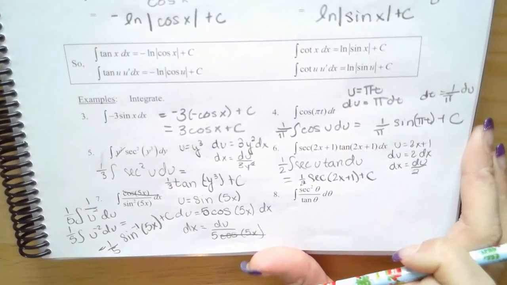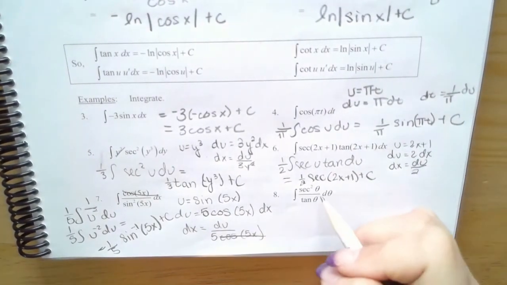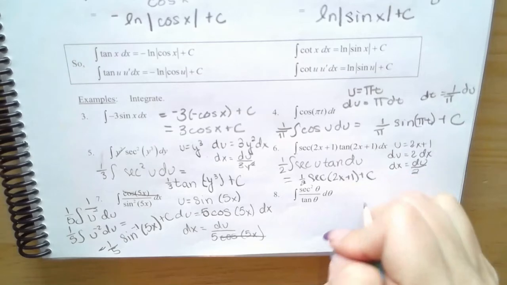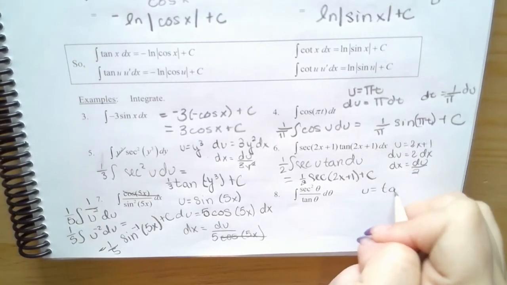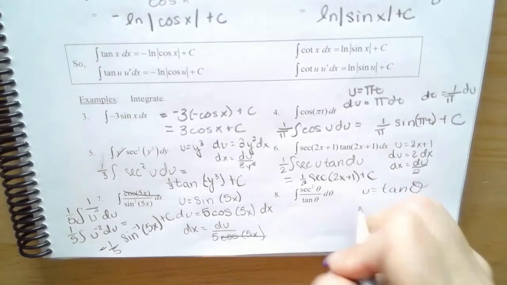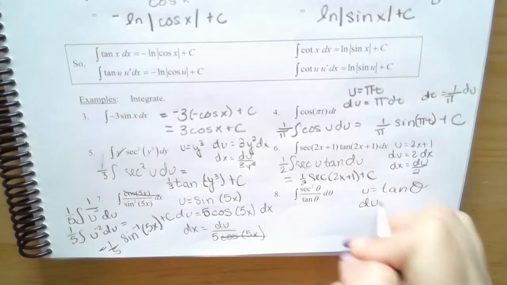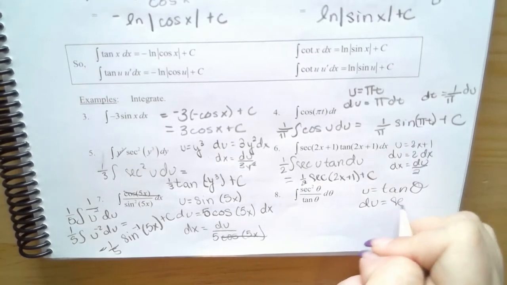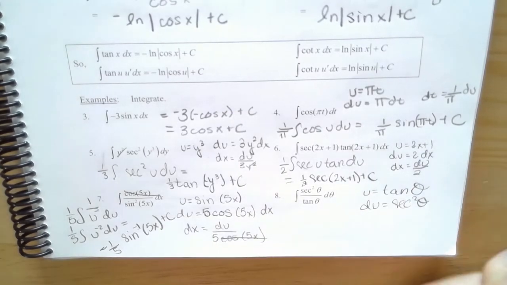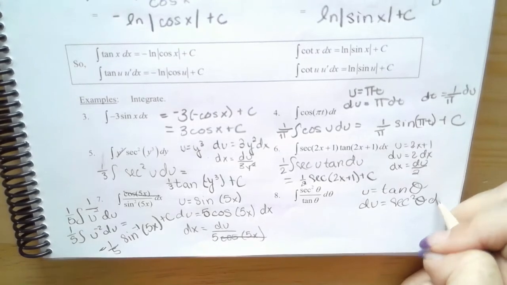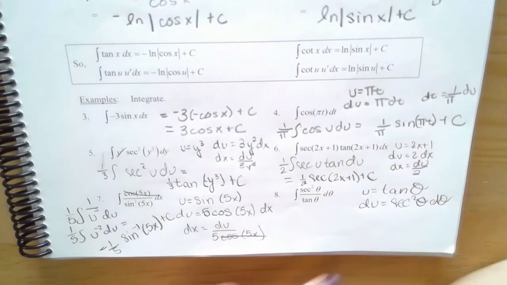Alright, number 8. Let's look at this. If you see, there is a connection, because if we made u equals tangent, you would get du is secant squared. Hopefully you start to recognize those derivatives that are in there. D theta.